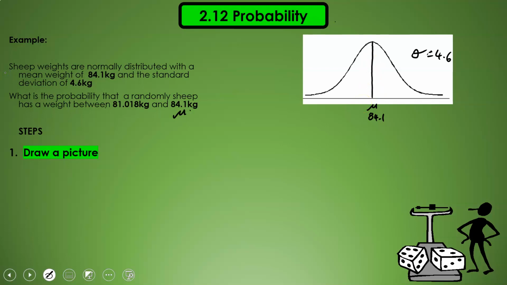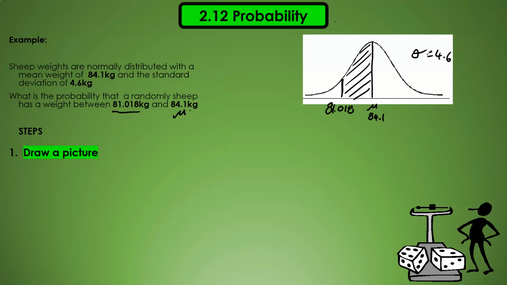And the other one that I'm dealing with is 81.018. Normally we've been dealing with numbers on the right hand side, being bigger than 84.1. But 81.018 is less than that. So what we have to do is work out the size of this area.